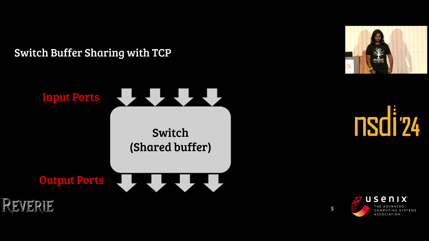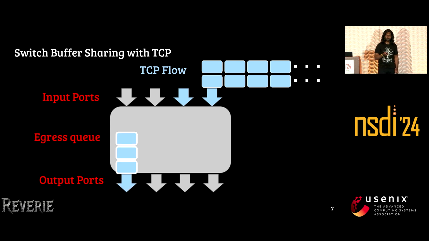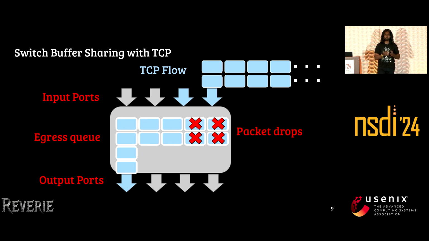Let's see how this works out with just TCP from a buffer sharing point of view. There is a switch with a shared buffer used by some input ports and output ports. We have a TCP flow coming in from two input ports. Packets queue up in the egress queue. As the queue length increases, the buffer sharing algorithm takes packet drop actions depending upon the egress queue lengths.